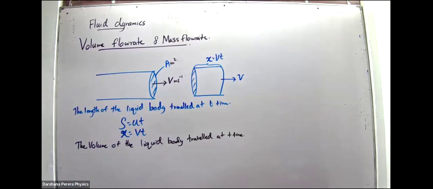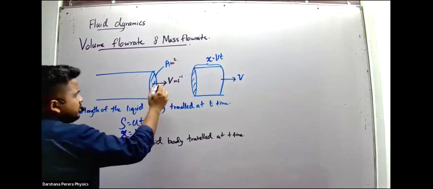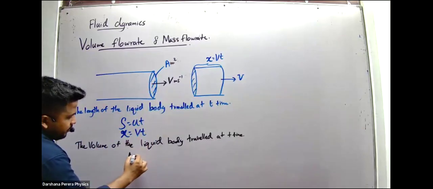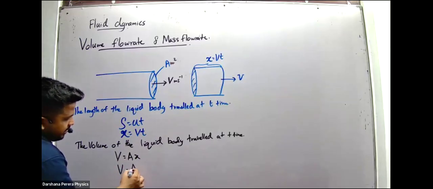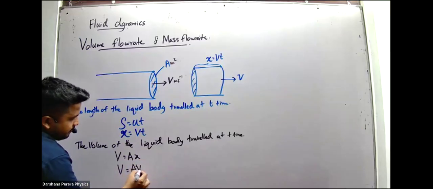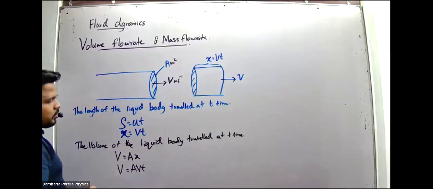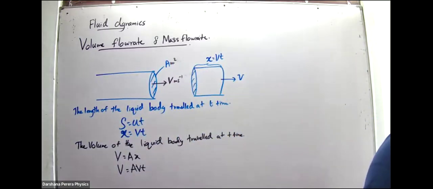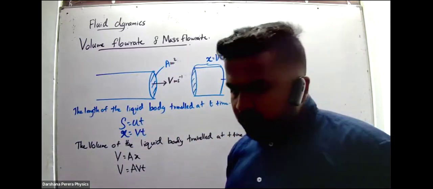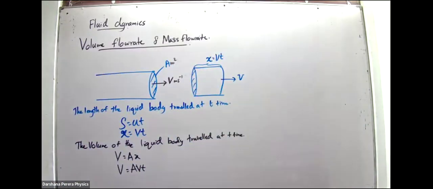What is the volume of that one? This cross section is A. A into X, the volume is equal to A X, that means A v t. Draw this one and write down these parameters.